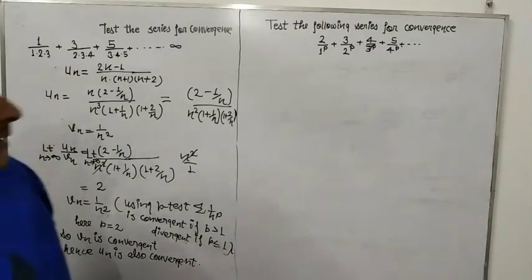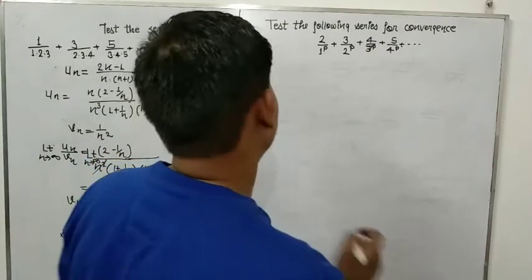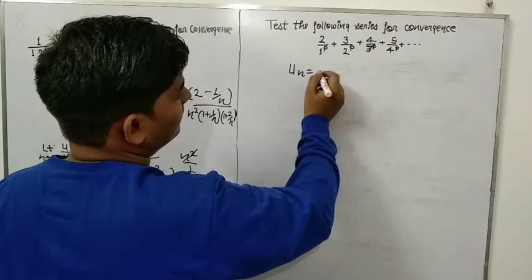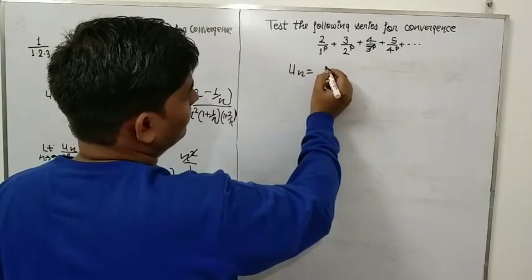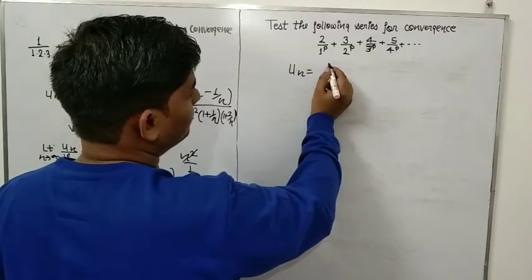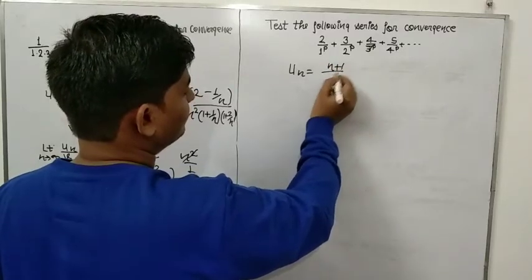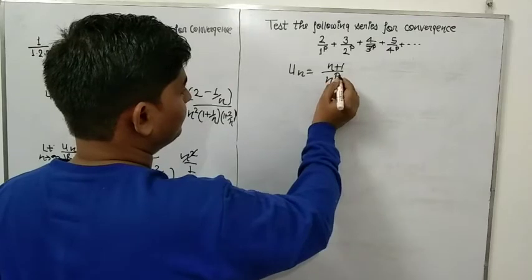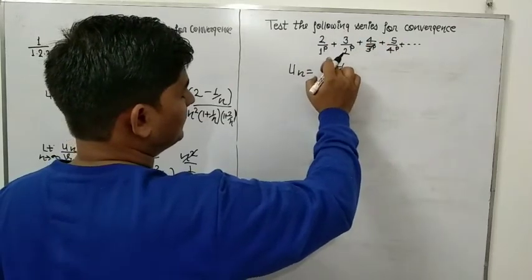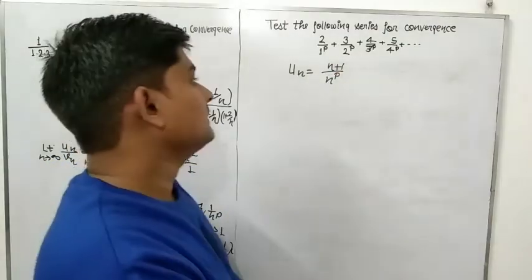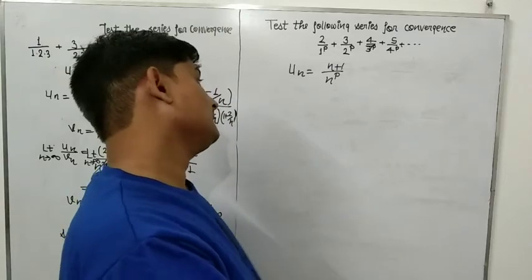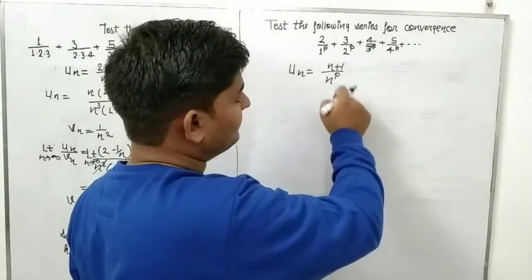Next we have to solve the second series, and we write in a similar manner un is equal to (n plus 1) upon n to the power p, with terms 2, 3, 4 and 5. So the numerator term is written in the form of n plus 1, whereas the denominator term is written in the form of n to the power p.